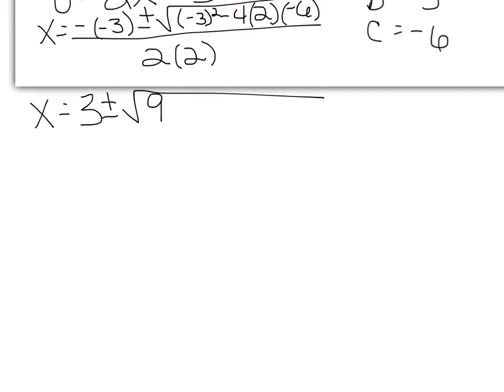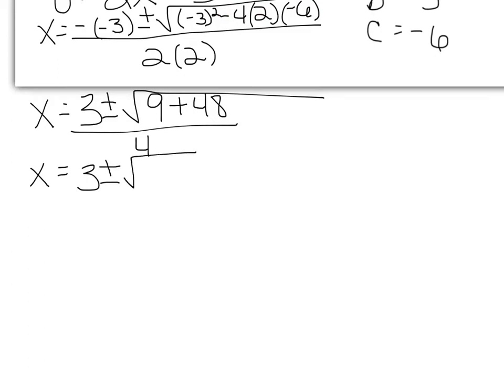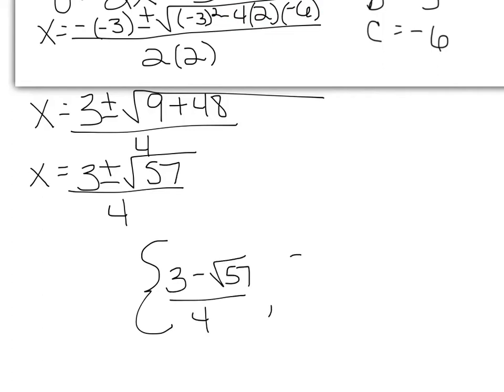Negative 4 times 2 is negative 8, times negative 6 is positive 48, all over 4. X is equal to 3 plus or minus the square root of 9 and 48 is 57, over 4. 57 cannot be simplified any further. So your answer is 3 minus the square root of 57 over 4, 3 plus the square root of 57 over 4.